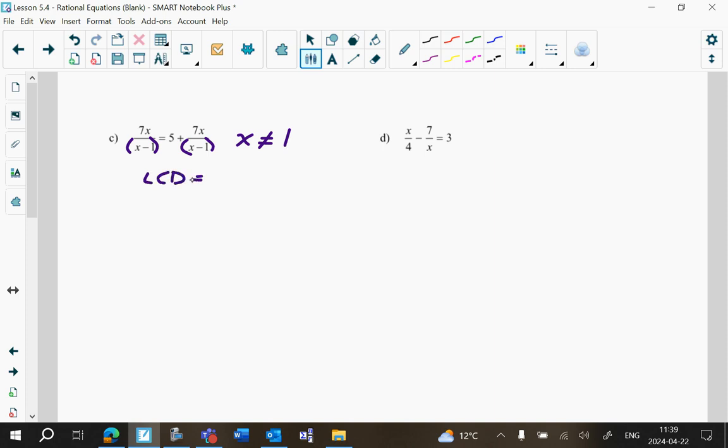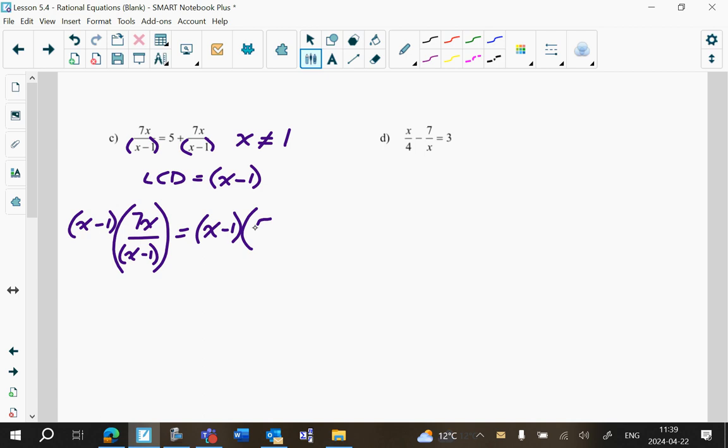Well, that's not terribly hard. So I got to do x minus 1 times 7x over x minus 1 equals x minus 1 times 5. Remember, you got to multiply everything, even the non-fractions. Plus x minus 1 times 7x over x minus 1.